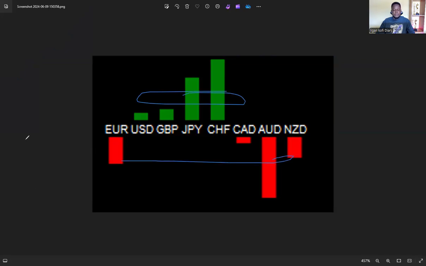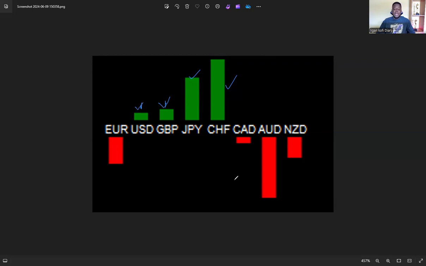As it stands now, you will see that CHF is the strongest at the moment, followed by JPY. After JPY, we have GBP and then USD. So CHF is the strongest, followed by JPY, followed by GBP, and then USD.